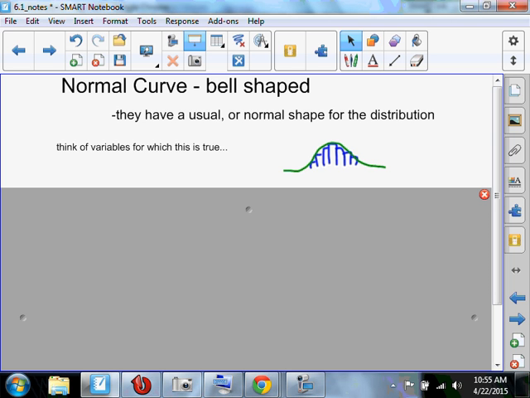In other words, where the middle is the middle and there's as many people below the middle as there are above the middle. And there aren't these random populations of people who are much greater than or much less than, or things about these people that are much greater than or much less than.